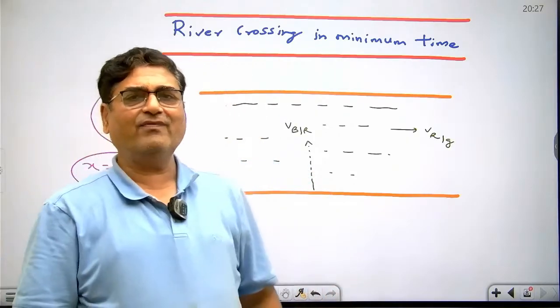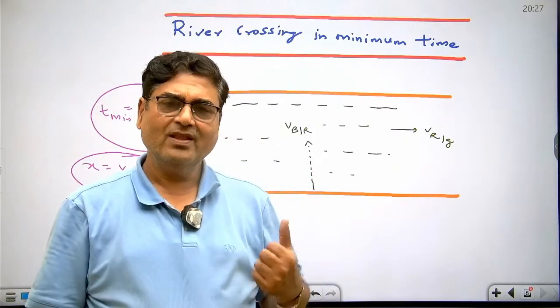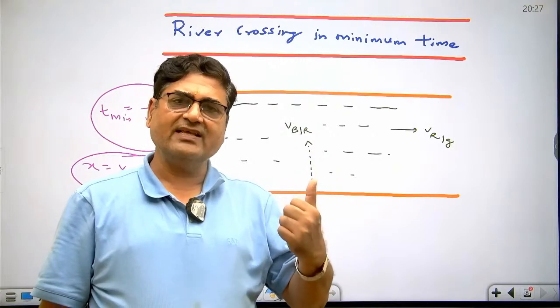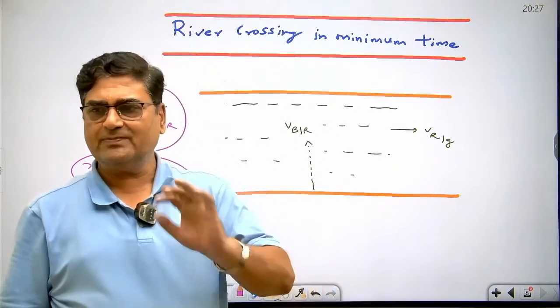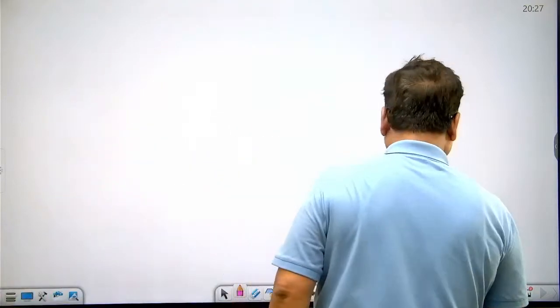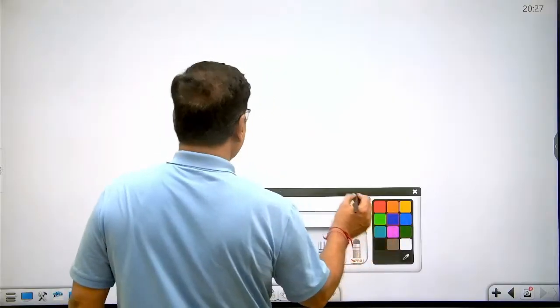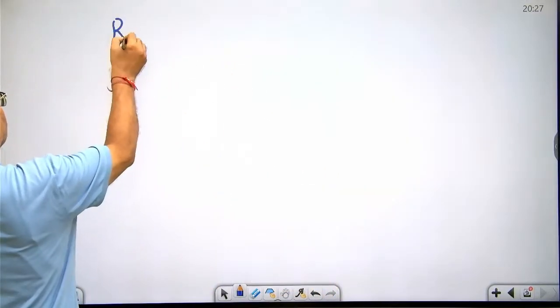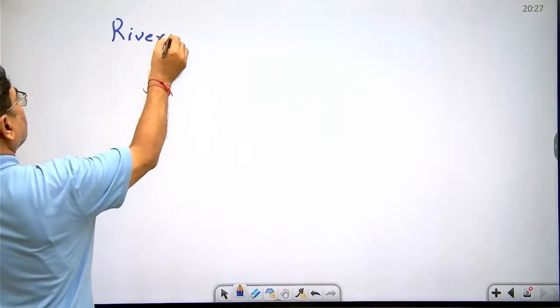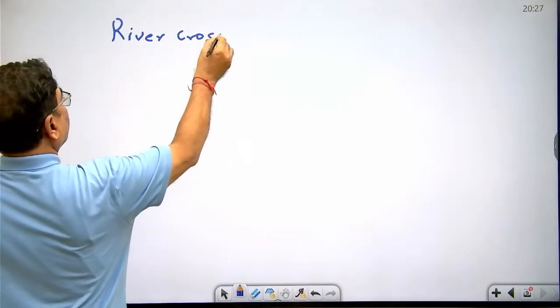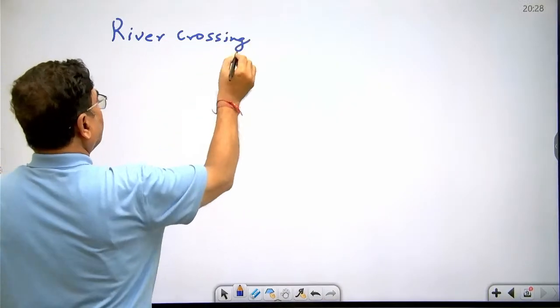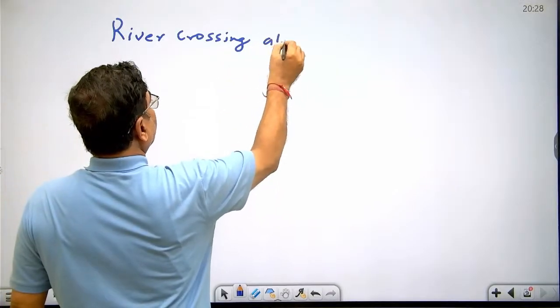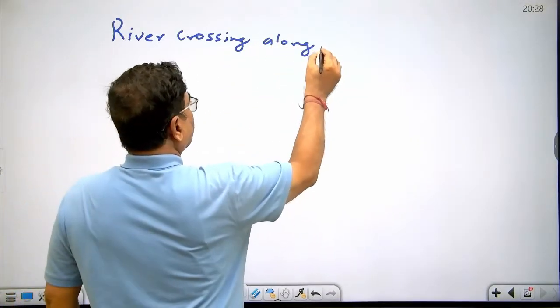Okay. Now we will see the case for river crossing along shortest path. River crossing along shortest path.